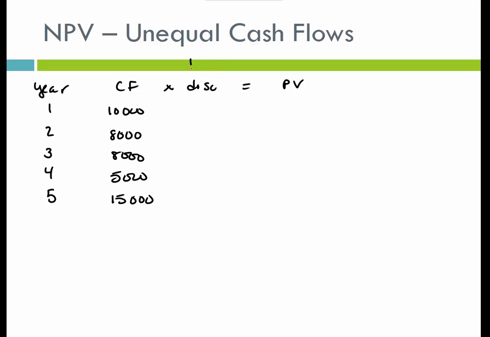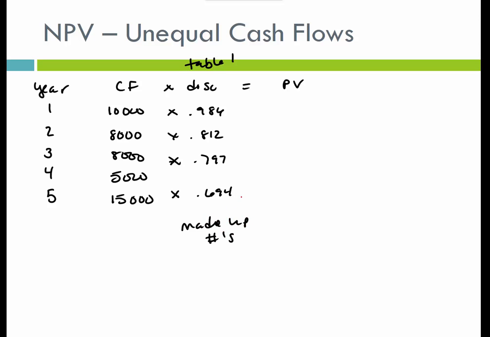Then you would use Table 1. So whatever your discount factor is at year 1, so this would be, I'm making these up, 0.986, 0.812. I'm making all these up, made up numbers. You're not going to find these in one of those tables.